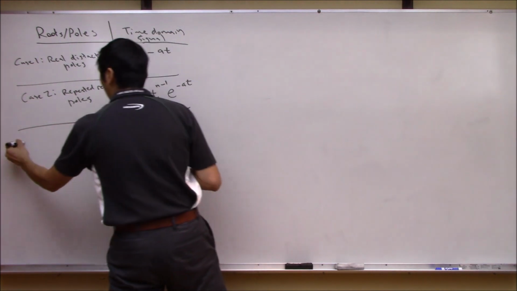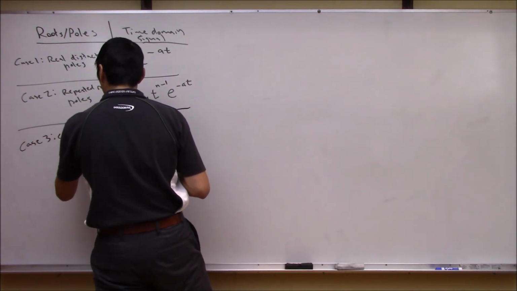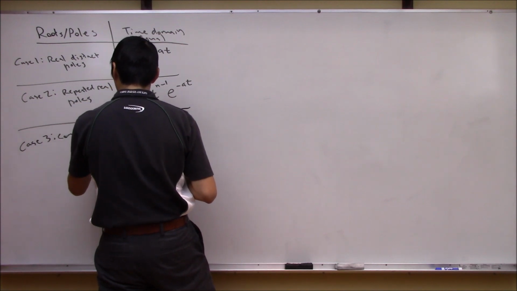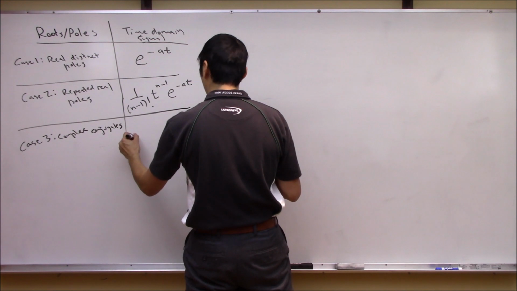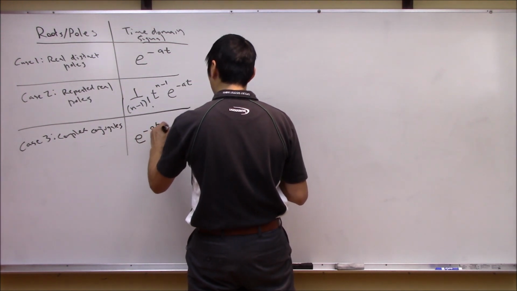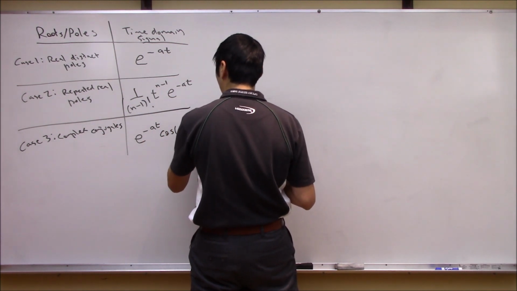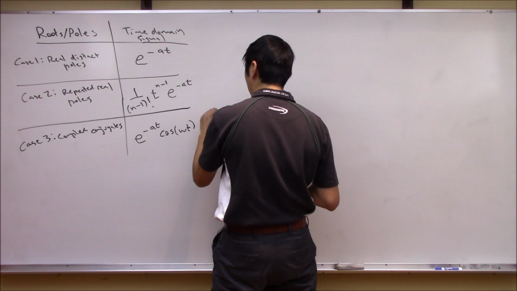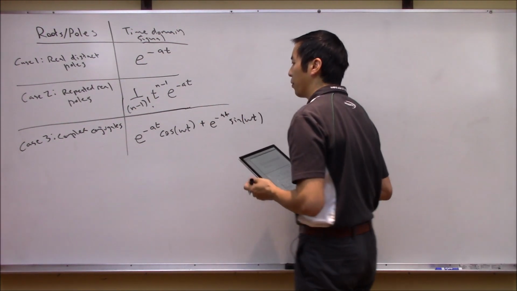And now in case 3, which was our complex conjugates, we saw that yielded combinations of an exponentially decaying e to the minus at times cosine omega t, and then plus some other e to the minus at times sine omega t. So basically you get these sinusoidal behaviors.